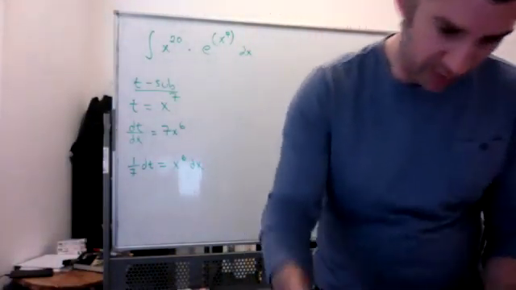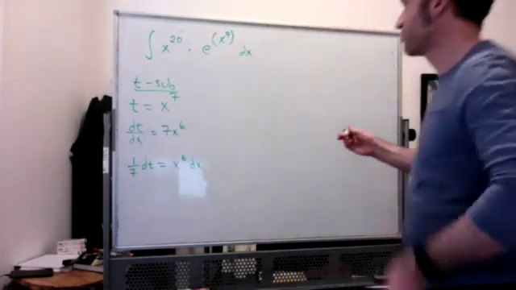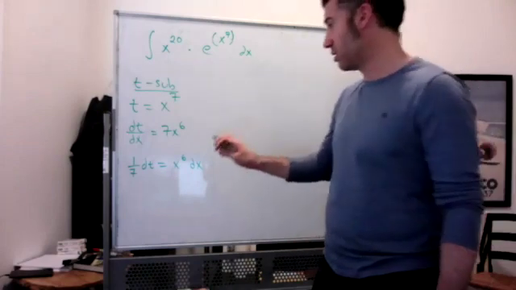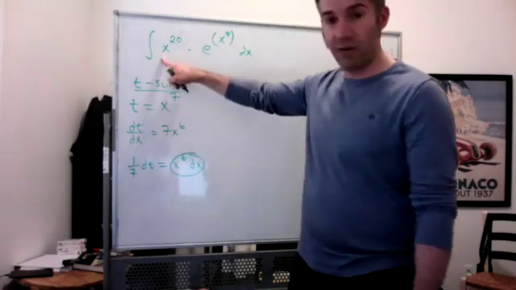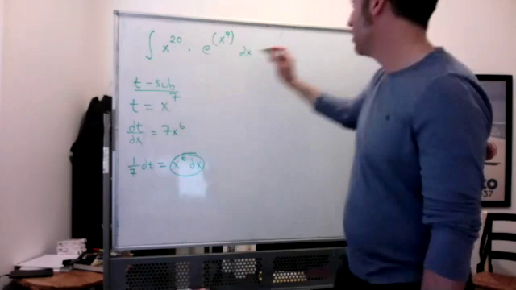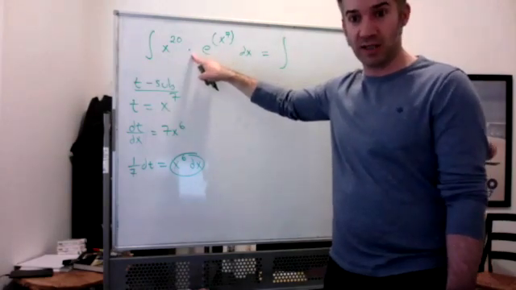So what have we got here? The key thing is to say, look, I need an x to the 6th dx. So I'm going to rewrite this x to the 20th as x to the 6th times the leftovers. x to the 6th times x to the 14th is the leftovers.